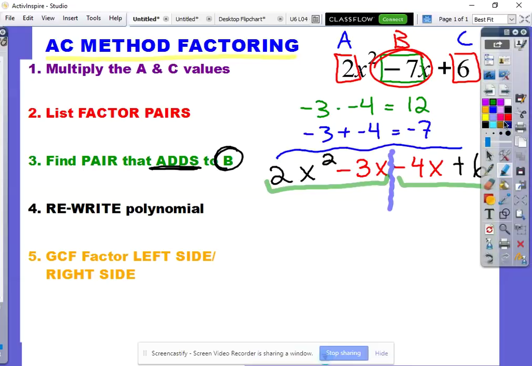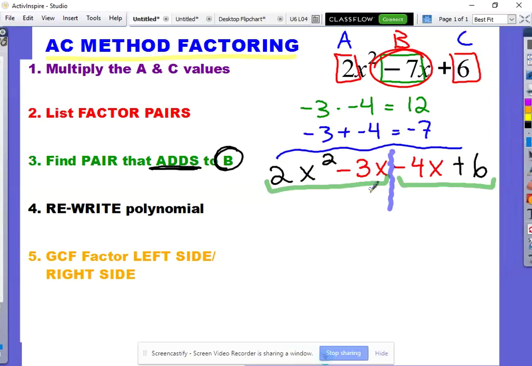So if we start out on the left side, what is the GCF of 2x squared minus 3x? In this case, they don't have a number in common, but they do have an x in common. Then we write our parentheses, just like we learned, x, the GCF goes in front of the parentheses.